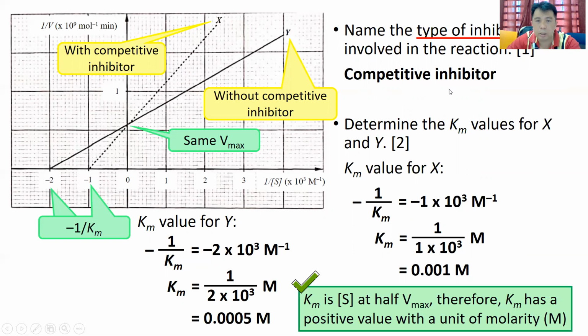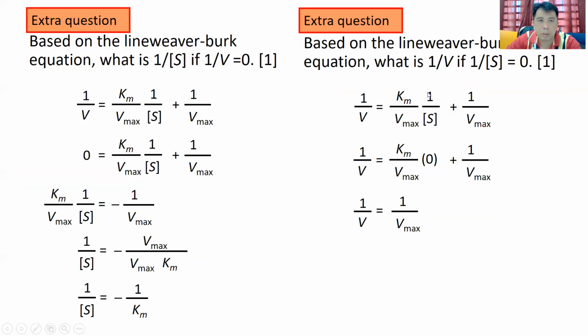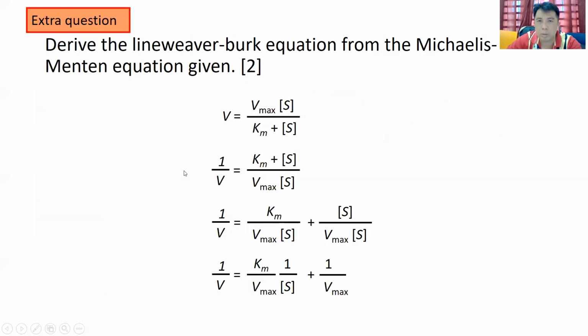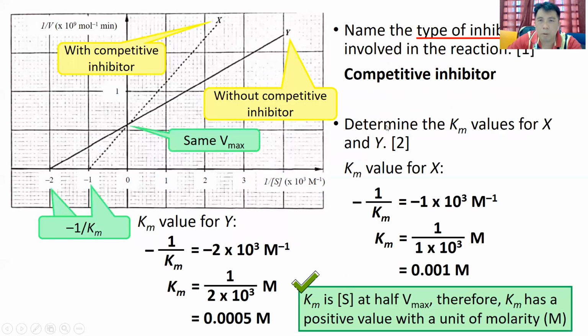Still remember the previous question: X and Y, the Vmax remains the same, no change, then the Km changes. Therefore, this is a competitive inhibitor. The question asks for the type of inhibitor, so your answer must be competitive inhibitor.